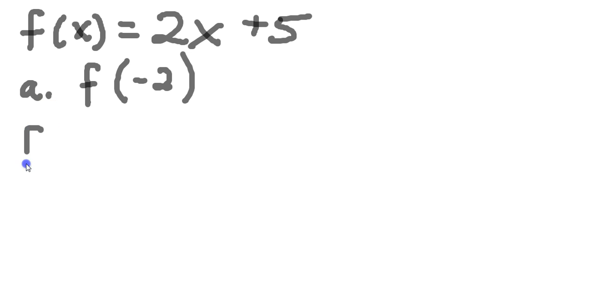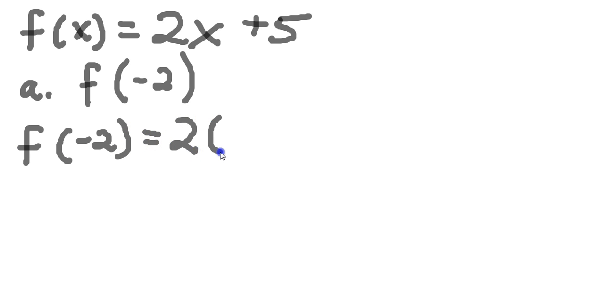So we'd write that as f, open parentheses, negative 2, equals 2, open, negative 2, because it was 2x originally, plus 5. Now we solve. This on the left, this f of negative 2, we don't do anything with that.